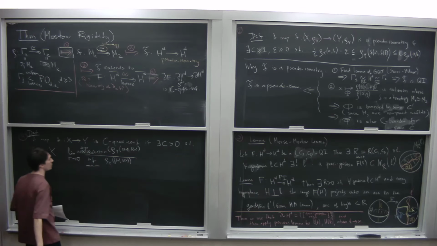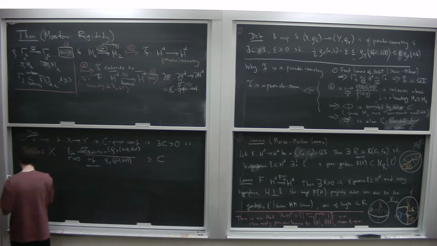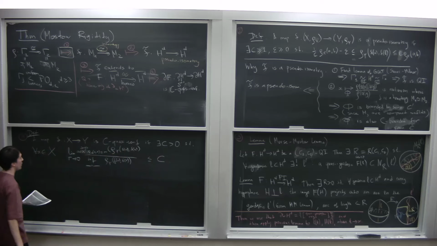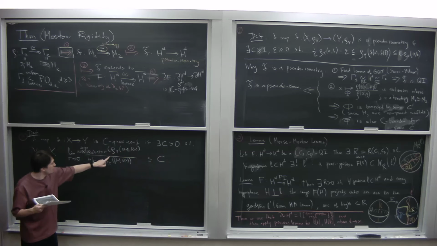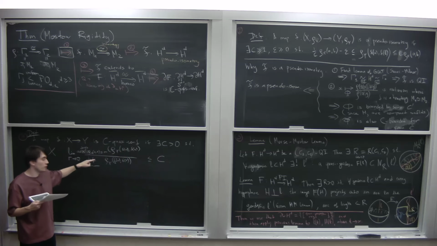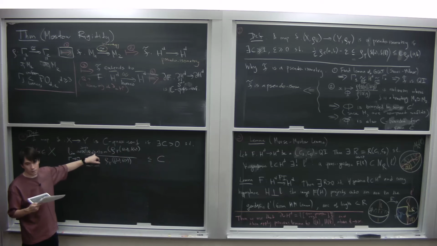So if this limit exists and is bounded by C. Now I need to draw a picture. So in fact, we consider the image of the sphere, or I can consider just a ball centered at a and its image.